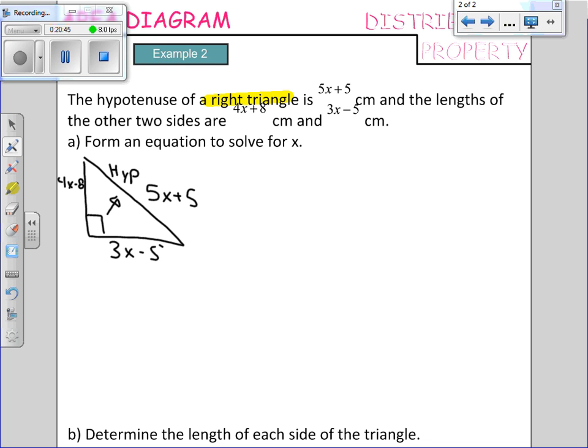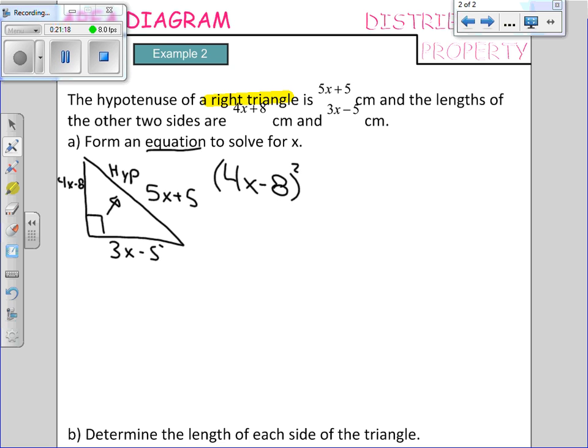A squared plus b squared equals c squared, which is the Pythagorean theorem. That's how you're going to create an equation. That's the only equation that we know with triangles. Right? So go ahead. A squared plus b squared equals c squared. First I guess we have to cover what is a squared, what is b squared, and what is c squared. Your a and your b don't matter as much as your c.